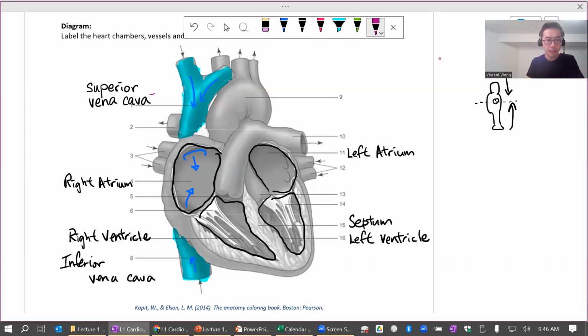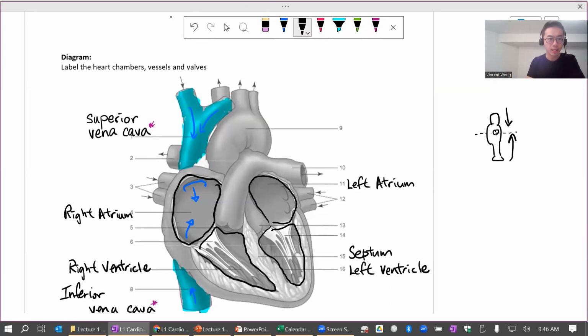I'm going to put an asterisk here. And again, this is one of those weird English things. The plural for vena cava is you add an E at the end. It's pronounced venae cavae. So you have two venae cavae.